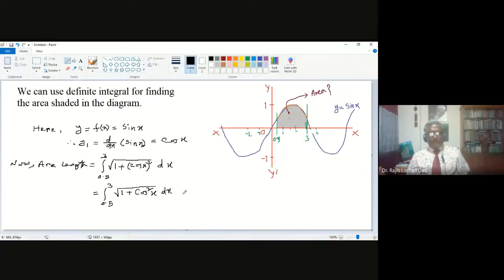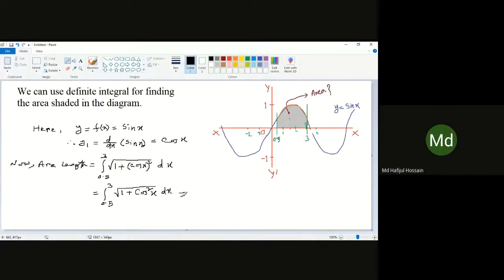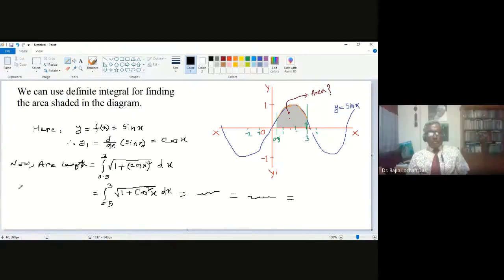Sir, if we put the sin square minus cos square x equal 1, that formula, and then the square and root. No, no, no. You can apply any trigonometry formula, any algebra formula, anything.